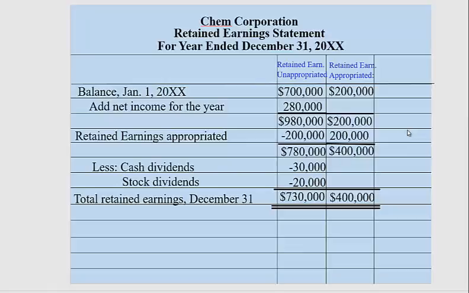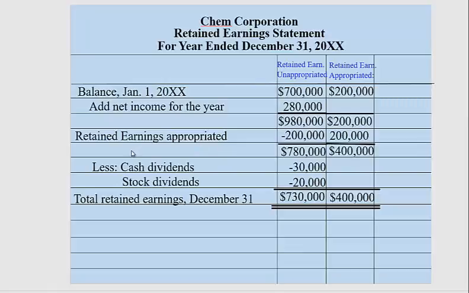In this example, you'll see that we start out with the beginning balances for January 1st for both the unappropriated and appropriated retained earnings accounts. Then the net income, just like on a statement of owner's equity, is added to the unappropriated retained earnings account. This is the regular retained earnings account.